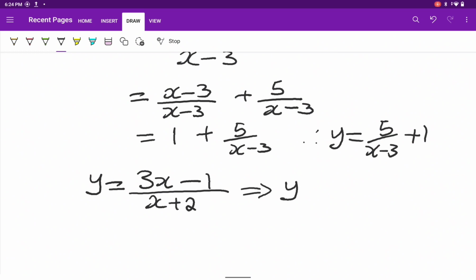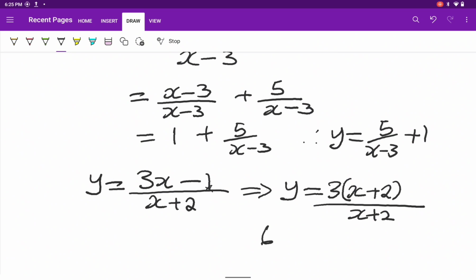So the first step will be y equals 3, and then we see x, so we'll write it as x plus 2, and then over the x plus 2 there. Now we want the minus 1. So we can do some little calculations here, because now when we multiply, we'll get 3x plus 3 times 2 is 6.